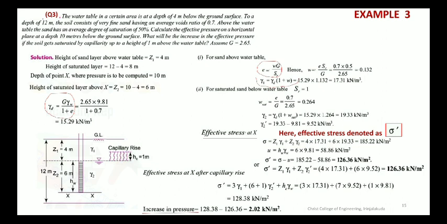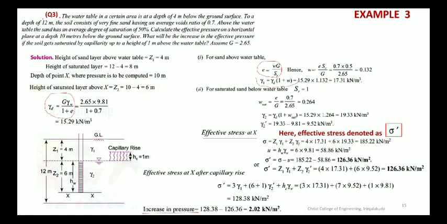So you can find out the value of density unit weight. Unit weight is equal to, corresponding to that water content, what is the unit weight? It is gamma D into 1 plus that particular water content. Gamma D is a dry unit weight, so that is 15.29. And if the water content changes, what is the new unit weight?